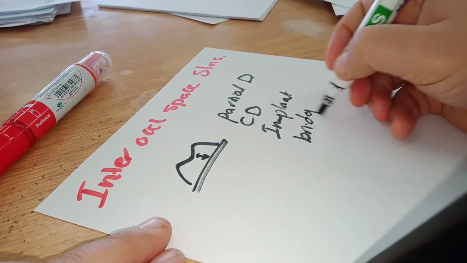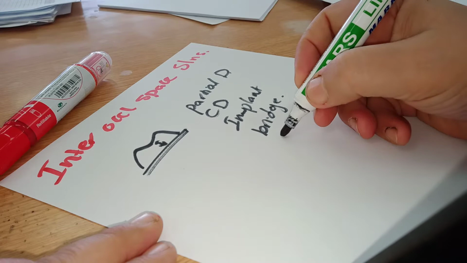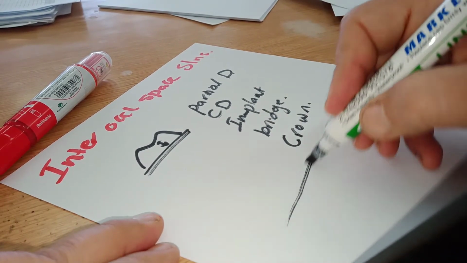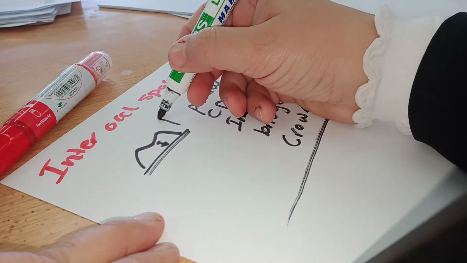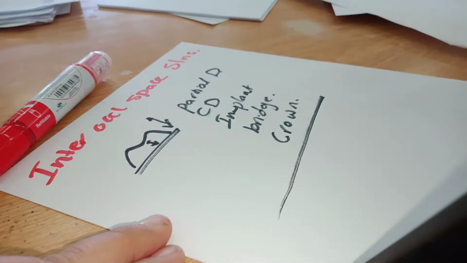These are for missing teeth I'm talking about. It could also be a broken down tooth and I want to add a crown to it. So I have a restoration and I don't have occlusal space to add to this area.